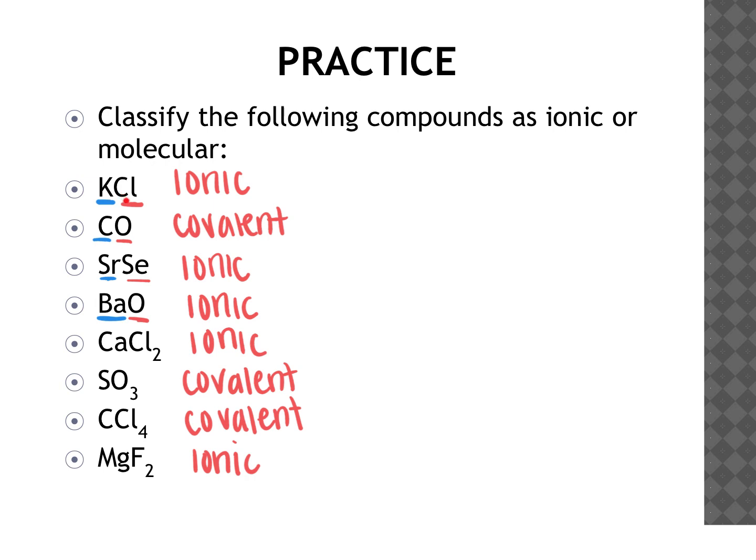What is the second element every single time? Every single time it's a nonmetal. So that means which element is going to determine if it's ionic or covalent? The first one. So if you want to figure out if it's ionic or covalent, do you really need to look at both or just one? Just one, and which one?